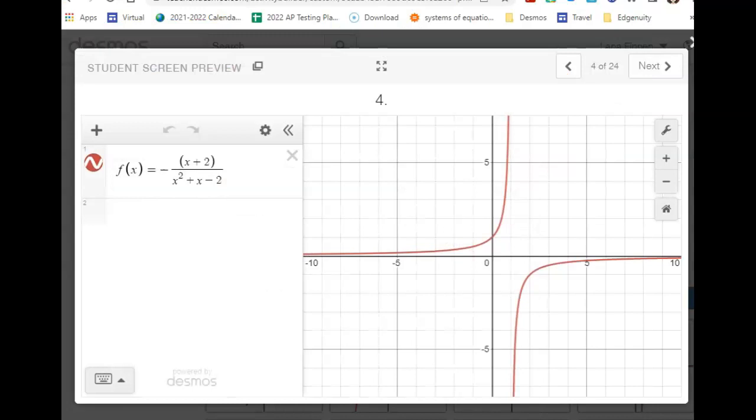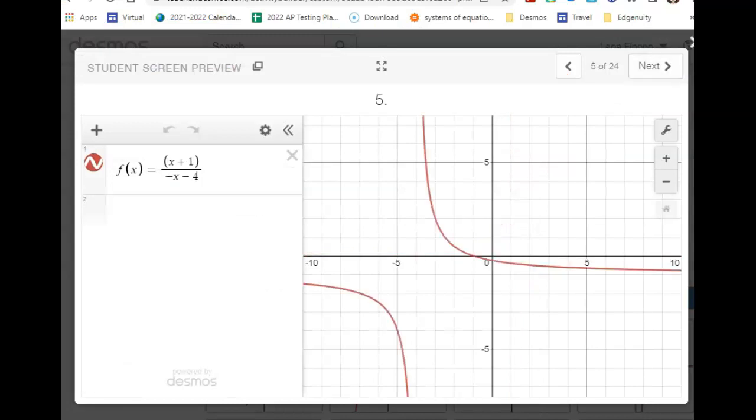Number 5. We want to know what the limit is as x approaches -4. So at -4, it looks like I have an asymptote again. So coming from the left, my limit is negative infinity, and coming from the right, positive infinity.